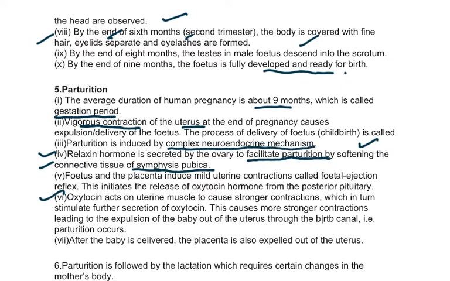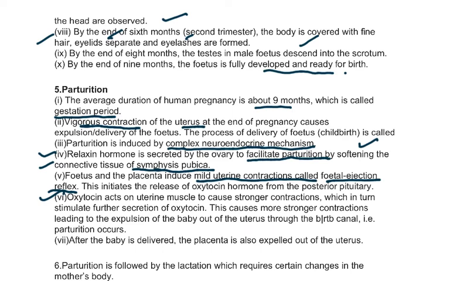This neural as well as endocrine mechanism causes initially a mild uterine contraction called the fetal ejection reflex, which is induced by a minute pain, also known as labor pain.